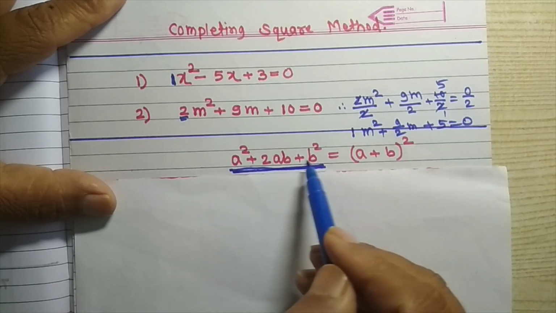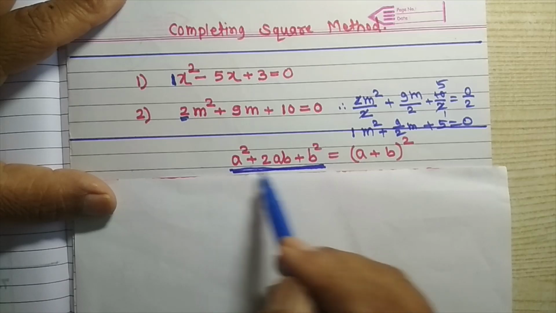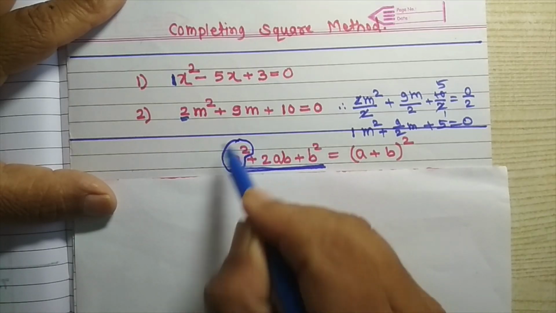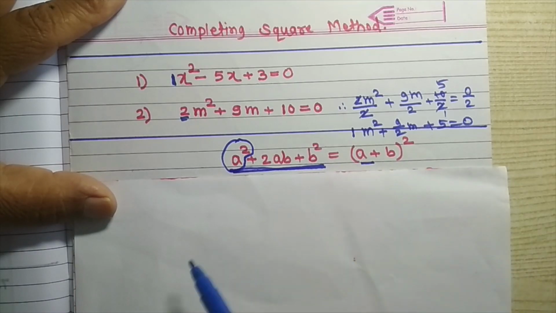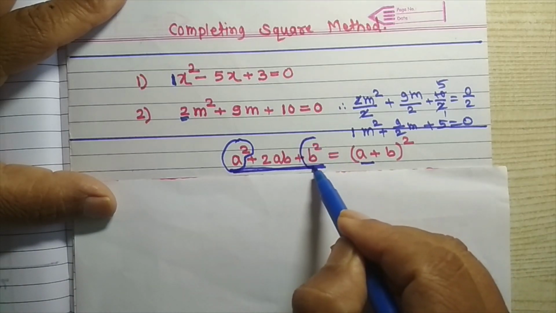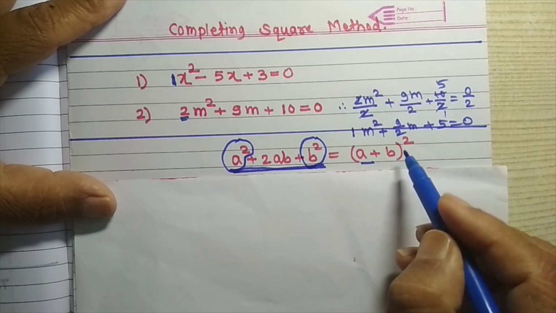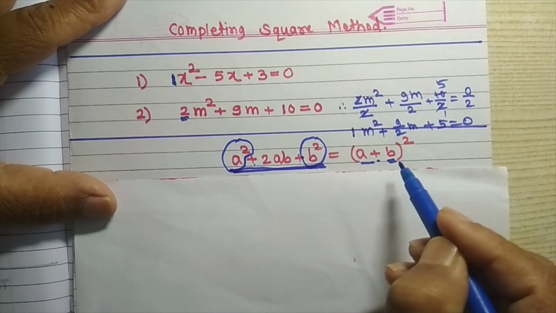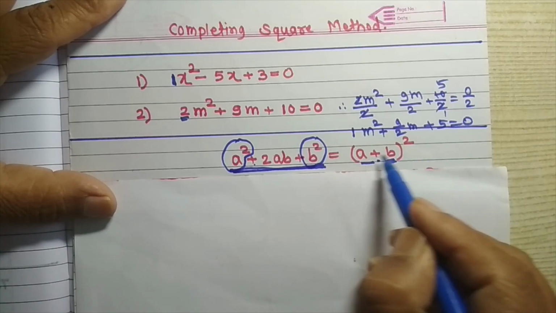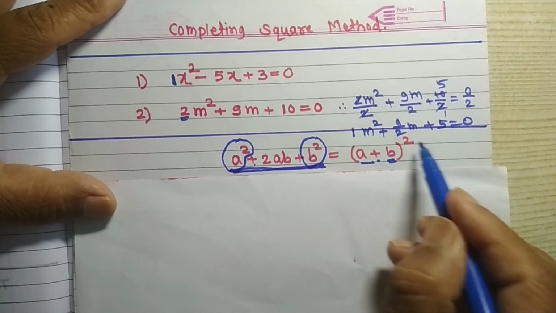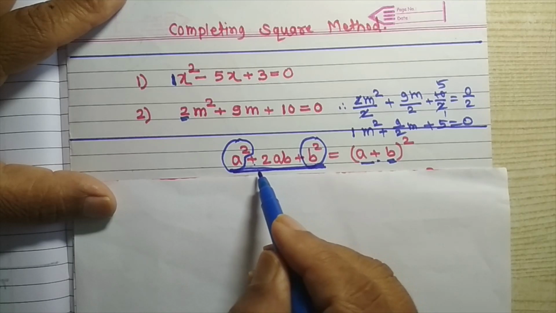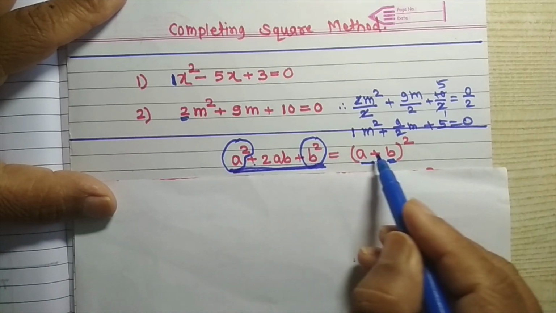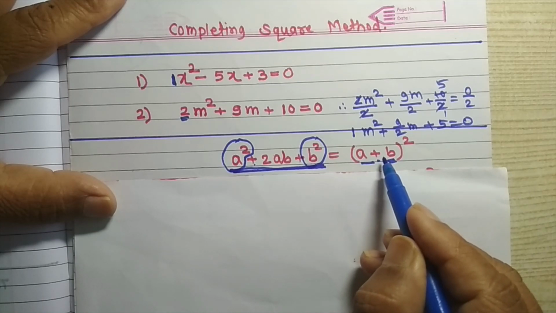If suppose this is given to us, on the left side of that equality, we have to take the square root of this square term, that is a, the square root of the second square term, that is b, and the middle sign will be plus, bracket square. Means we have to multiply this bracket 2 times. Finally we get a square plus 2ab plus b square. The middle term sign is at the middle of a and b here.